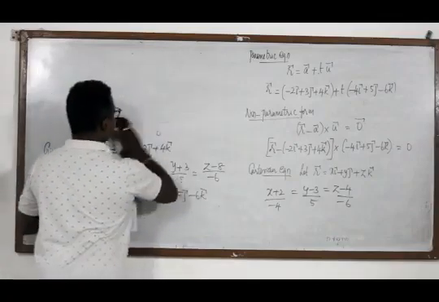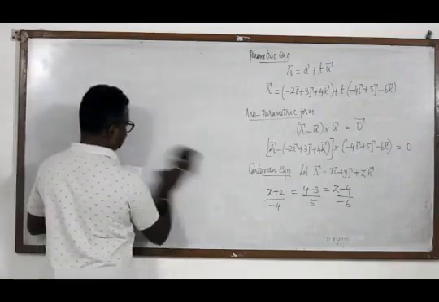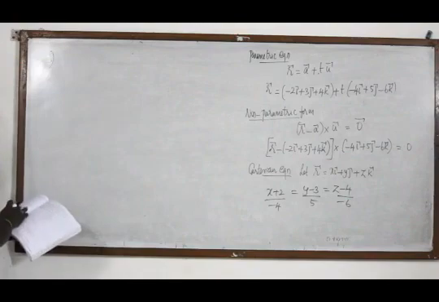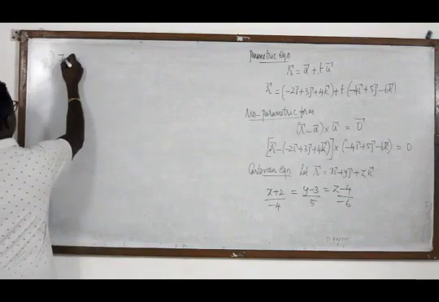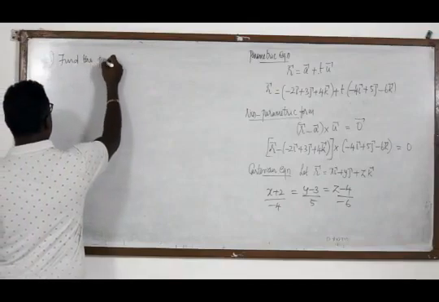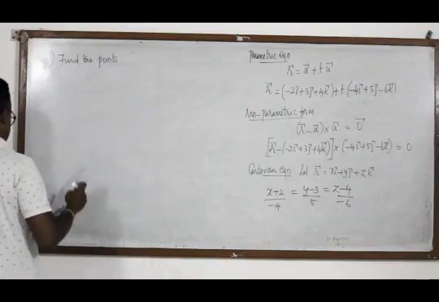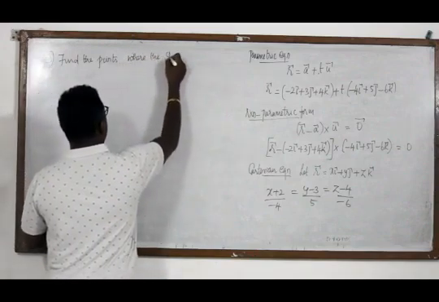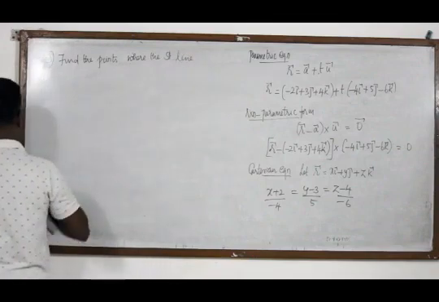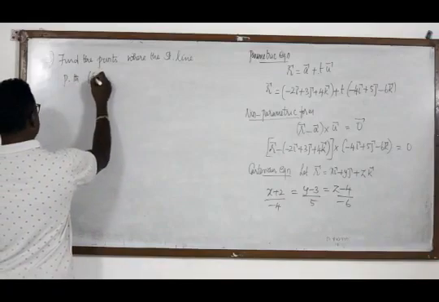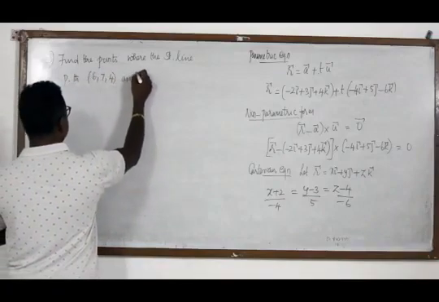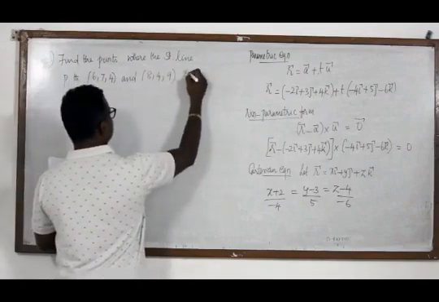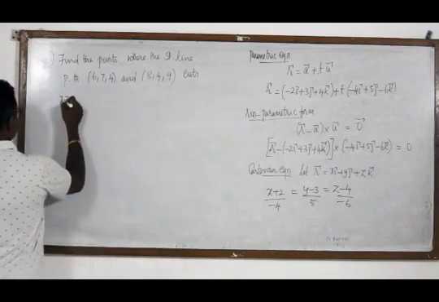Now we shall go for the third problem. Find the point where the straight line passing through 6, 7, 4 and 8, 4, 9 cuts the xz plane.